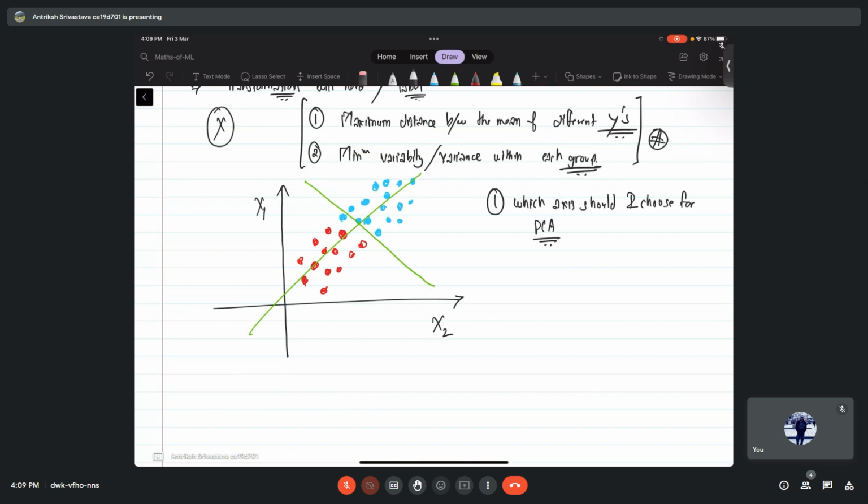If I were to give you this example, which axis will you choose for PCA? What is the aim of PCA? It doesn't care about the labels. So just forget that there is a red color and blue color, and tell me which axis is going to give you maximum variability.